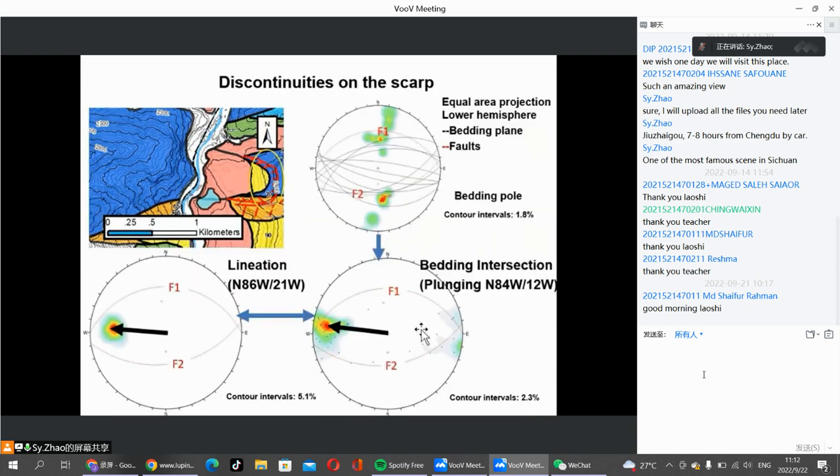By comparison of the stereonet of lineation and bedding intersection, the concentrations of the points are consistent, and it also demonstrates the plunging direction of all the structures is towards the west.